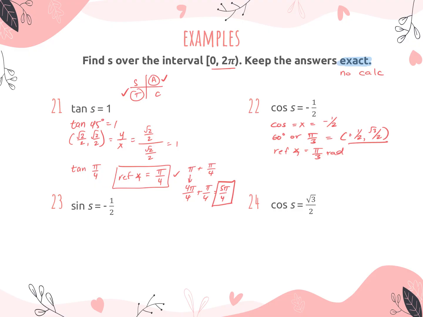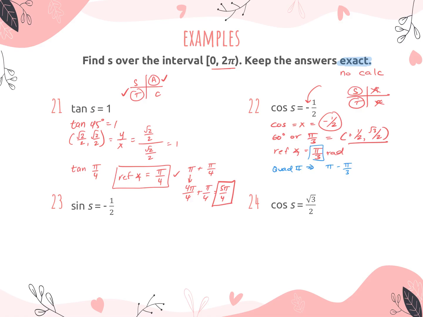Now, because here it's negative in this problem, I know that my cosine, all students take calculus, my cosine is negative in quadrants 2 and 3. So I have to figure out then what are the angle measures in those. Okay, so if my reference angle is pi over 3 in quadrant 2, right, I know that the angle I'm looking for is going to be pi minus pi over 3.